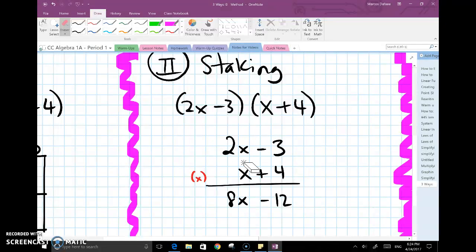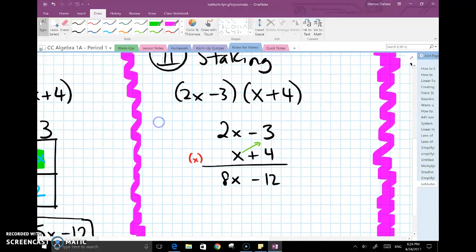You repeat the process, but this time with the x. Now remember, when you go down to a new level, you leave a blank or you can put a 0. Some people like to do that if you want. And then you shift over and continue multiplying. So this would be negative 3 times x, which is negative 3x. Notice how the like terms do line up. And these are now like terms which you will have to add up later.